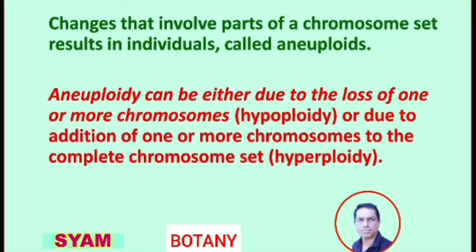Aneuploidy can be either due to the loss of one or more chromosomes, known as hypoploidy, or due to the addition of one or more chromosomes to the complete chromosome set, known as hyperploidy.